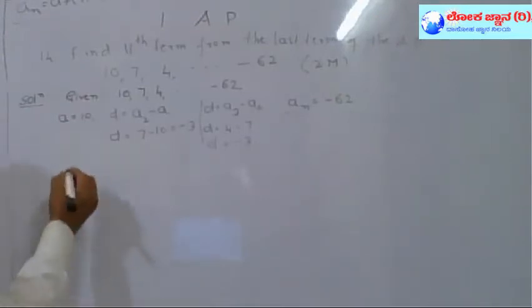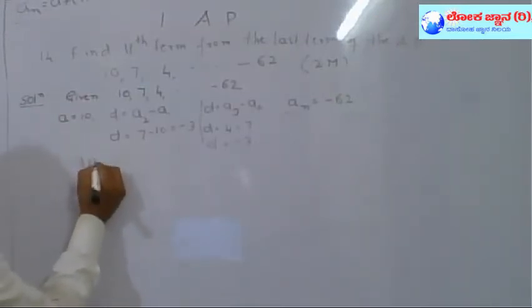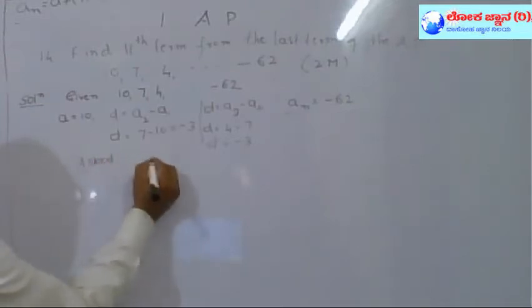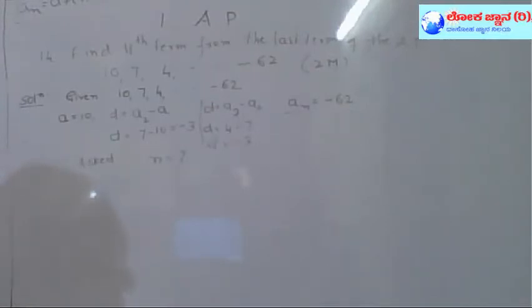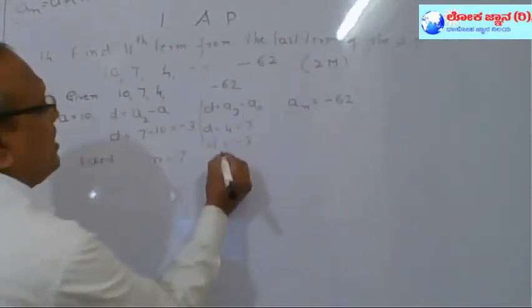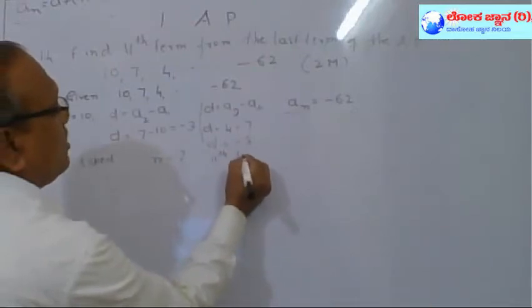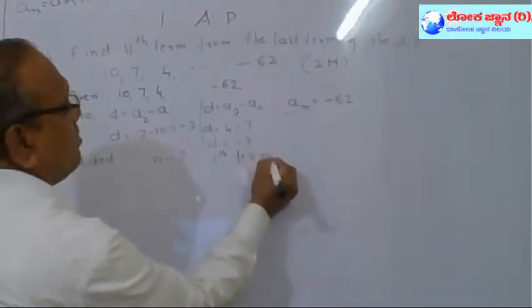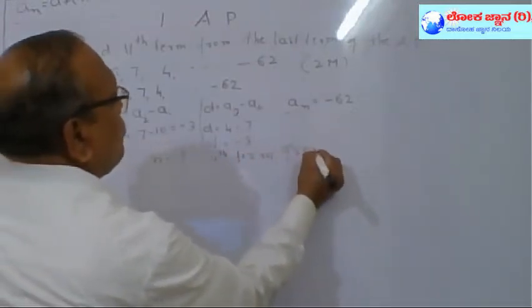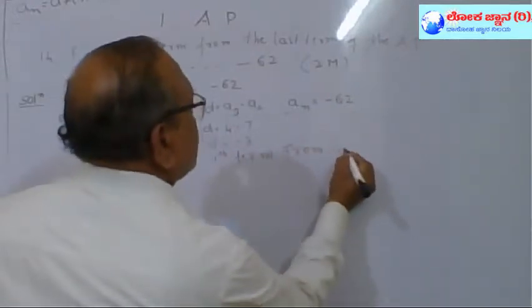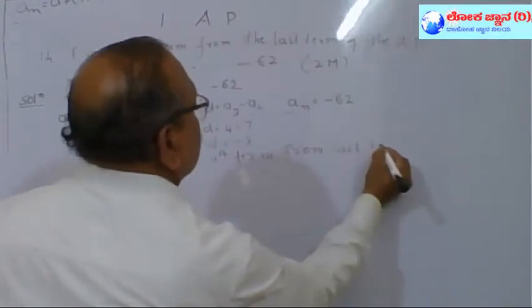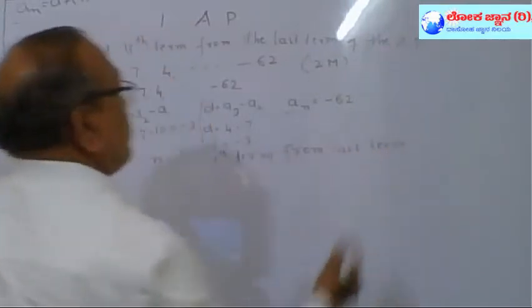Now what are you asked to find? First you have to find the number of terms. After getting n, you have to find the 11th term from the last term.